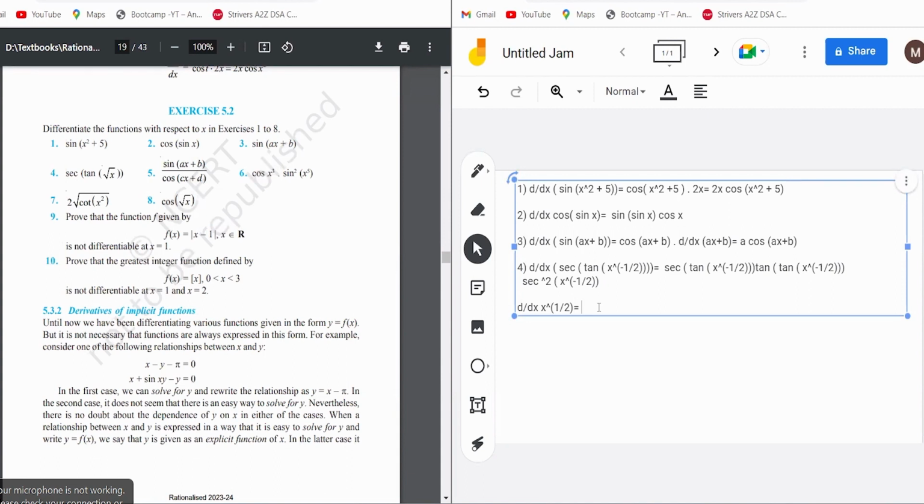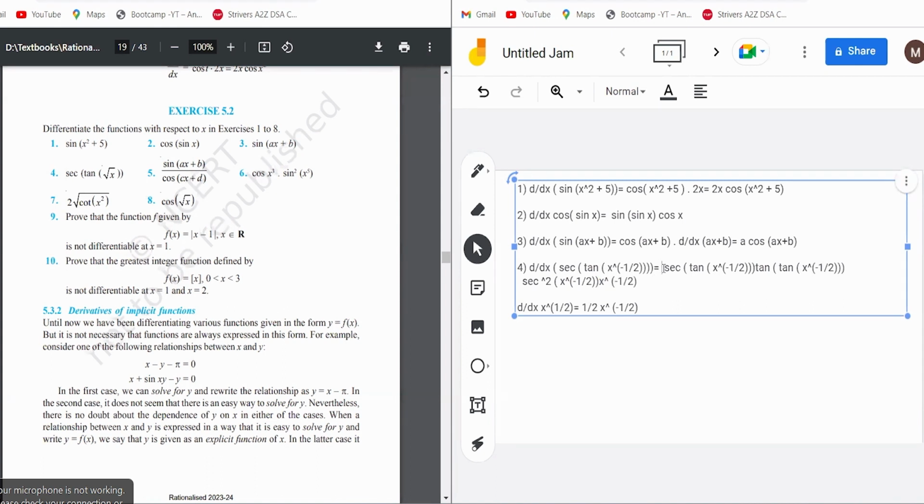So it would be half x power n minus 1, which is half minus 1, which is minus half. So minus half. Okay. This would be differentiation of root x. So just multiply this here. To make it clear, I'm just taking half outside.